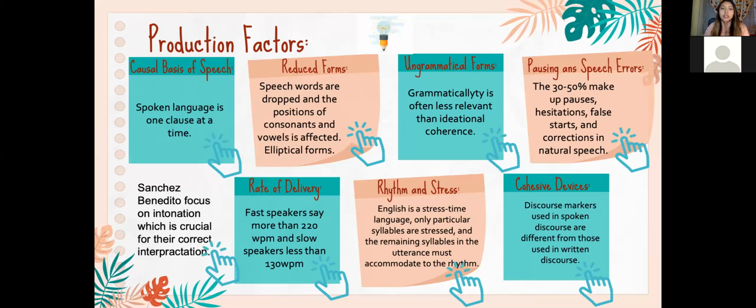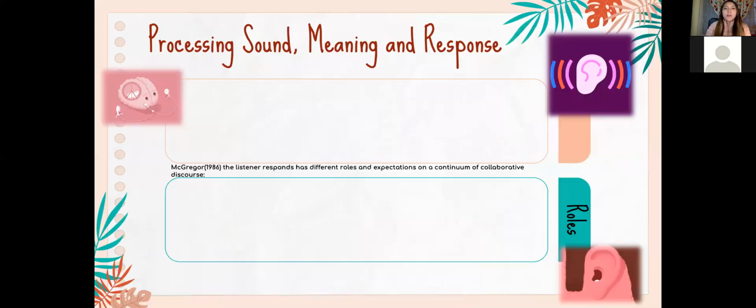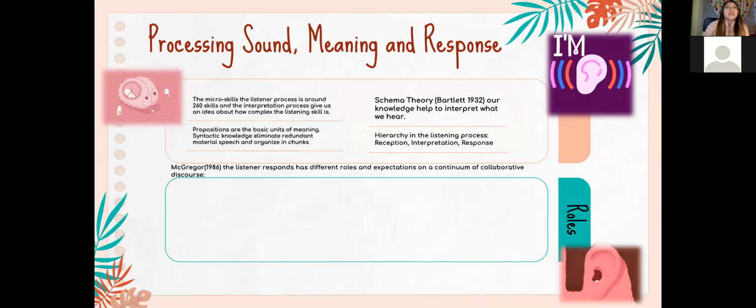So the stress is going to give you the rhythm of the sentences. Cohesive devices are focused on the discourse markers used in spoken discourse, which are different from written ones. In the next part, processing sound, meaning, and response, the listener has to develop many micro skills.